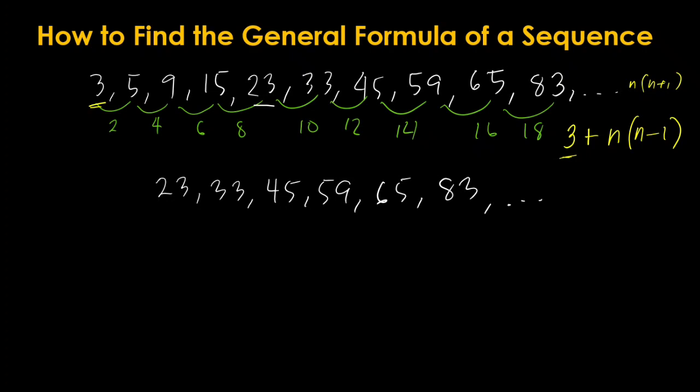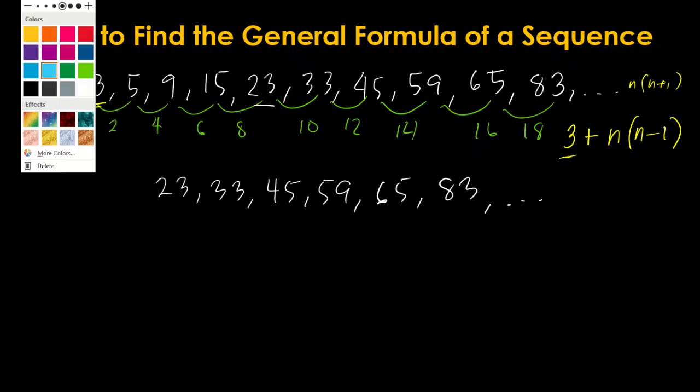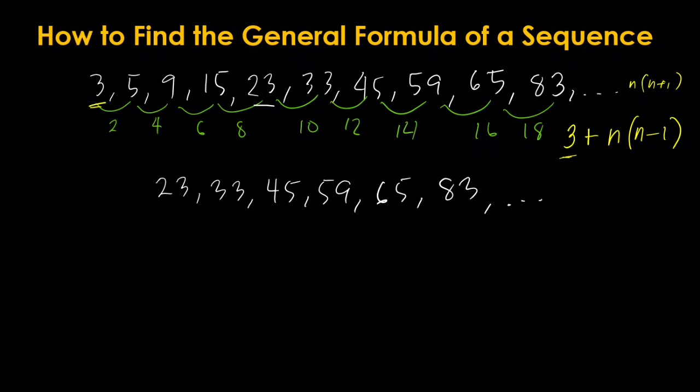Now, at first, we assume that we don't have the knowledge of this one. We are only given this sequence. So first we have to find out the differences. This is 10, this is 12, this is 14, this is 16, and this is 18.